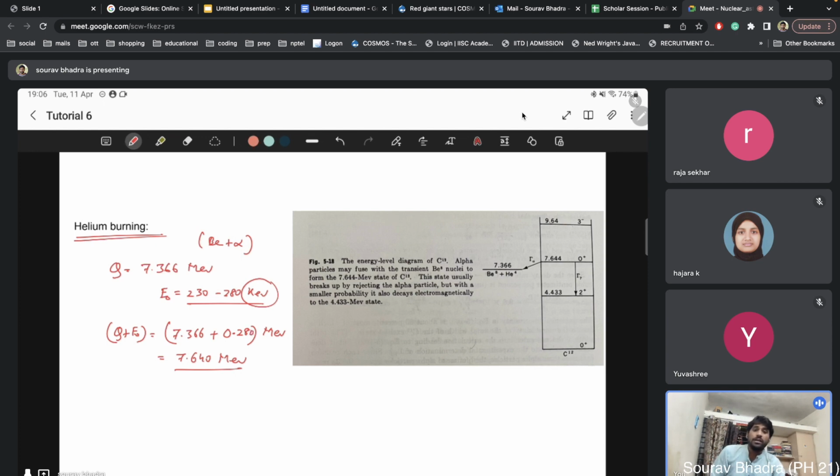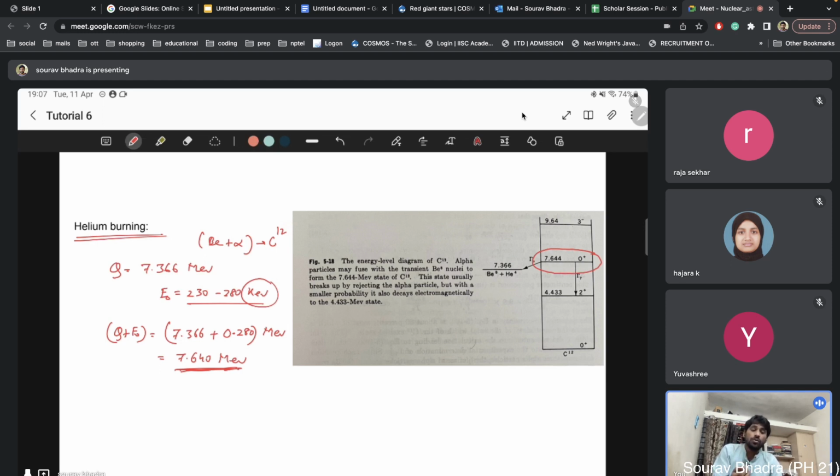And fortunately Hoyle predicted that the carbon, the product of this reaction, carbon 12, has a resonance state around this energy. Although it is not the ground state, it is an excited state of the C12 nucleus, at 7.644 MeV. And here we got a value of 7.640 MeV, which is comparable to 7.644 MeV, and that is the main reason this reaction occurs.